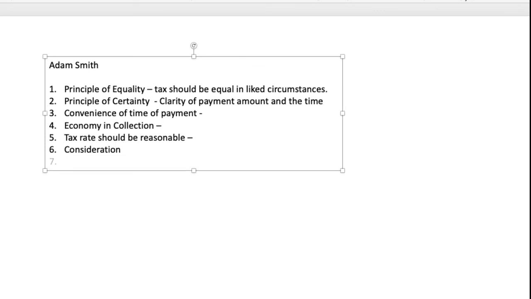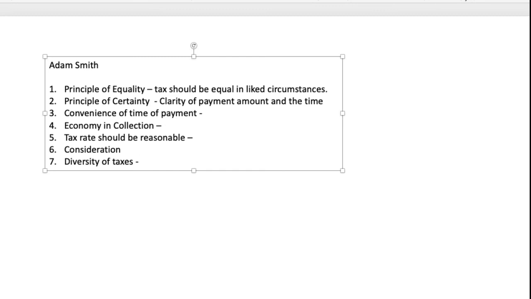The seventh one is diversity of taxes. The diversity of what? Taxes. The government should not rely on one or two taxes only, but there are several taxes: direct tax and indirect tax.